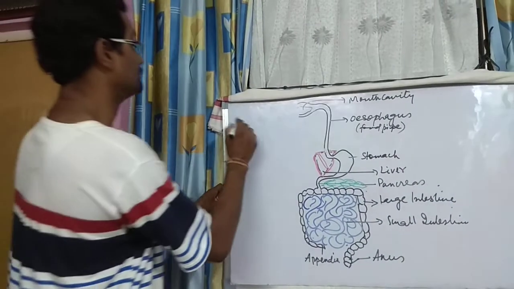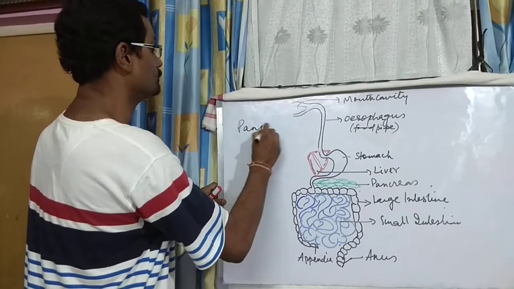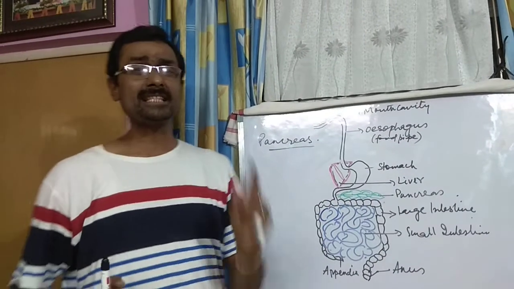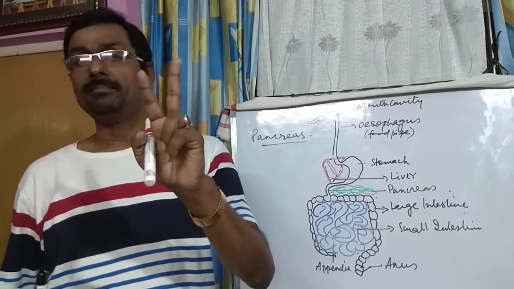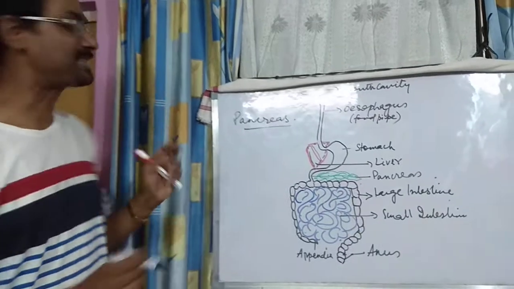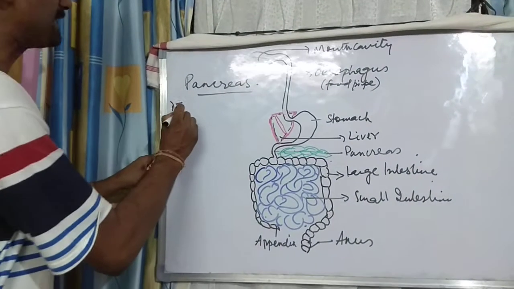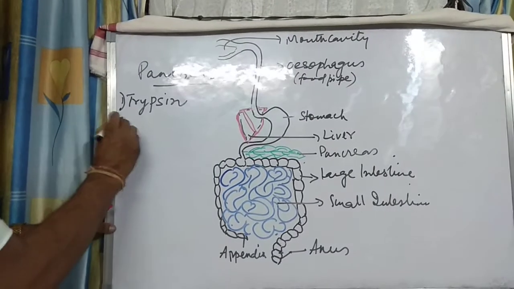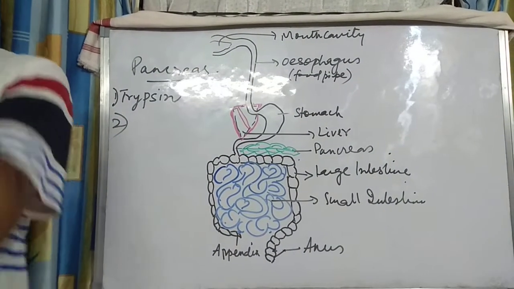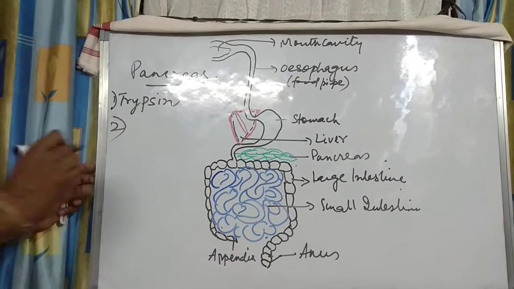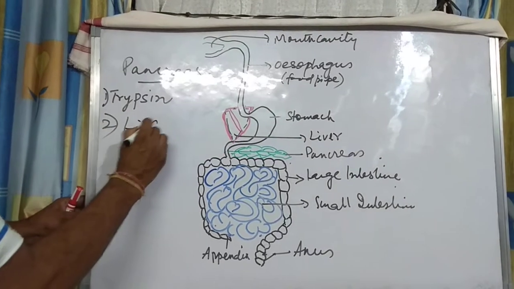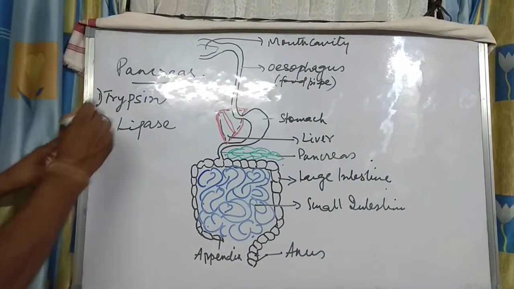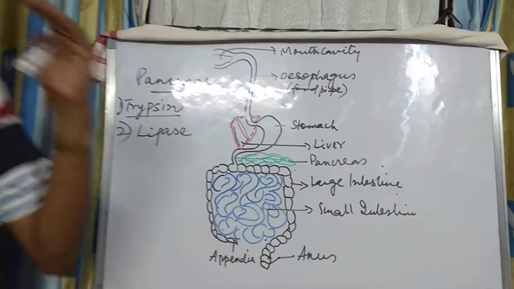Next, let's come to another most important organ of the body, that is the pancreas. The pancreas has mainly two types of enzyme. One is called trypsin. You have to keep in mind trypsin. Another, the second, is called lipase. Trypsin helps in breaking the protein.